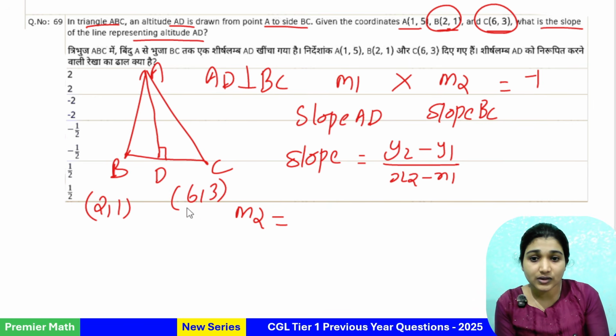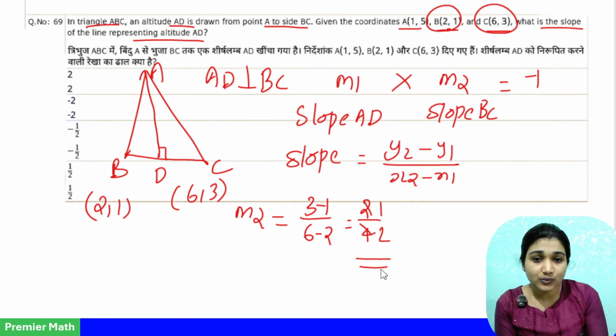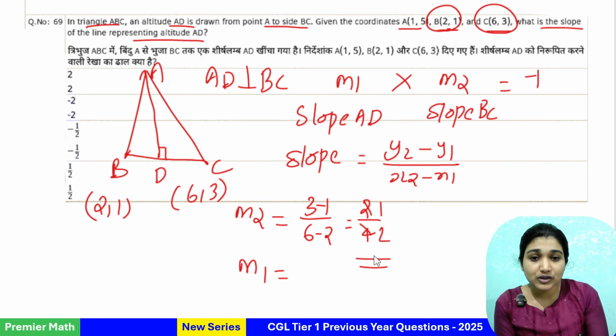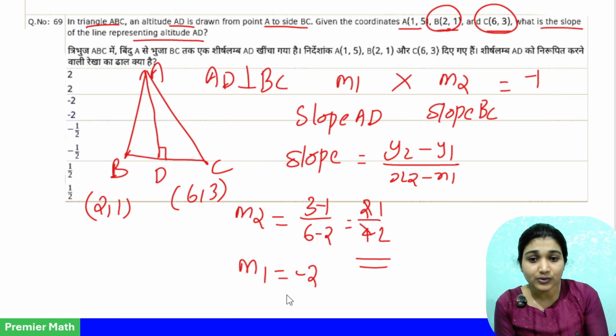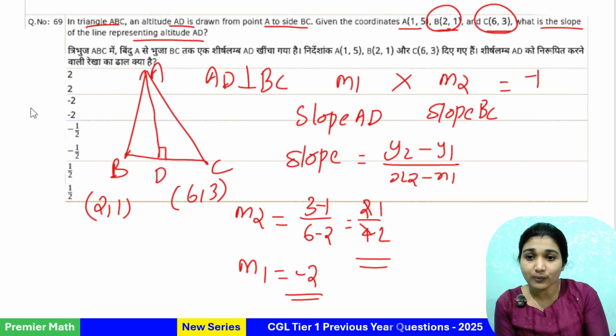Then M2 is equal to 3 minus 1 divided by 6 minus 2, which is 2 divided by 4, that means 1 by 2. If M2 is 1 by 2, then M1 should be minus 2, since 1 by 2 into minus 2 is equal to minus 1. Option 2 is your answer.